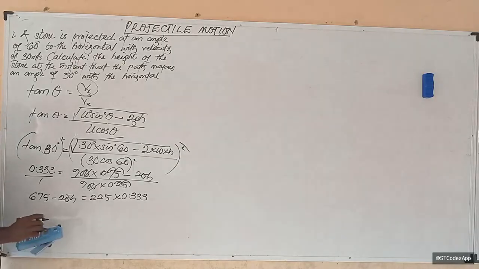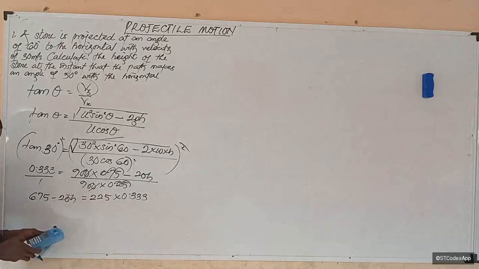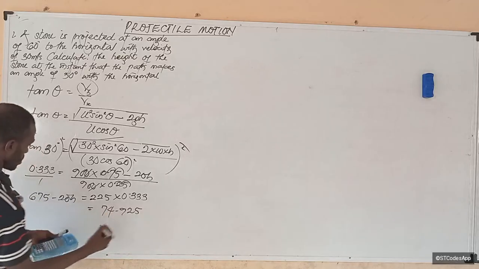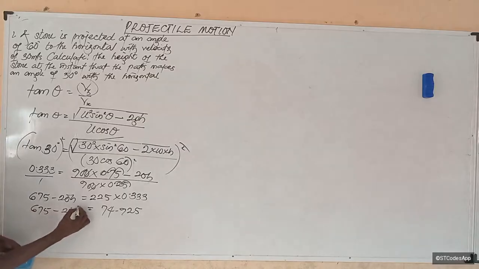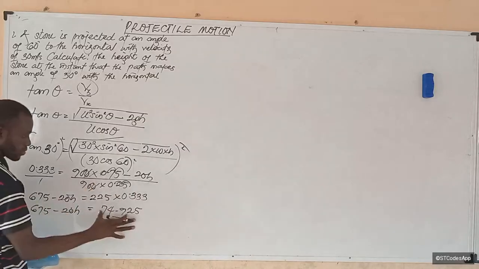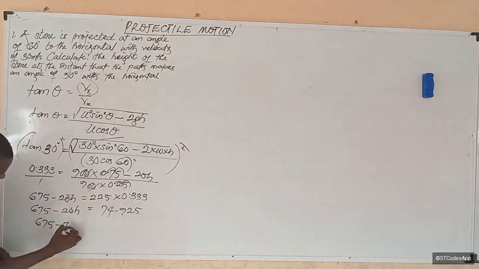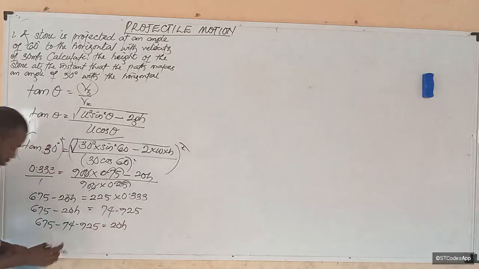So we now multiply 225 times 0.33. That's 74.925. Okay, this was not what we got before. So 675 minus 20h. Let 20h come here, let this one come here. It becomes 675 minus 74.925 is equal to 20h.